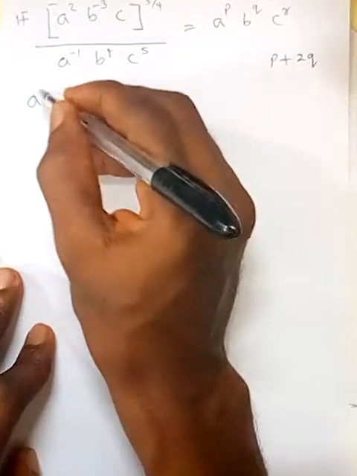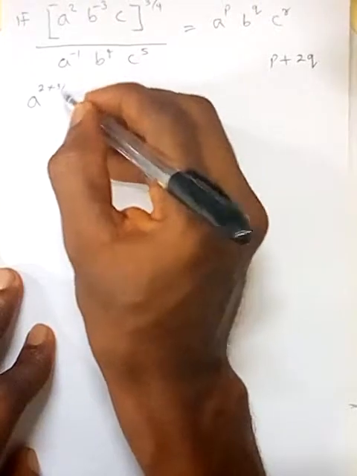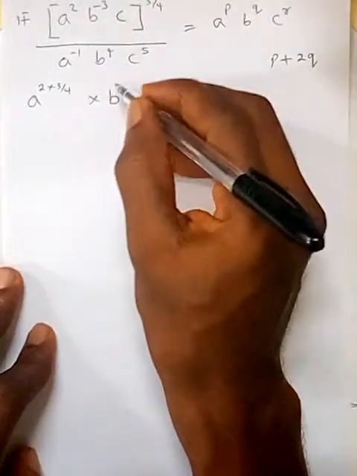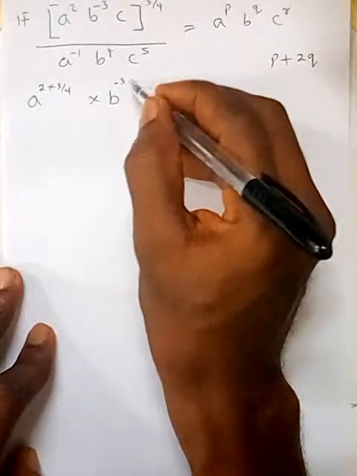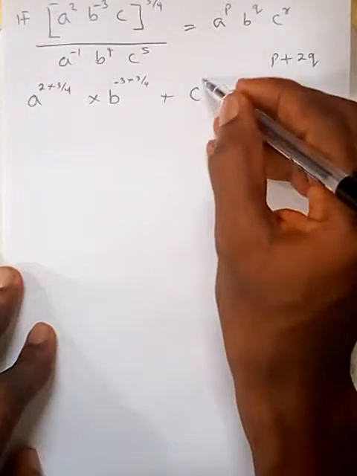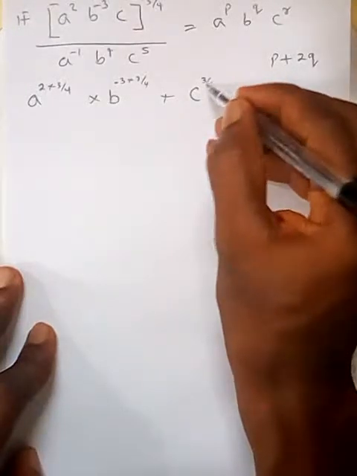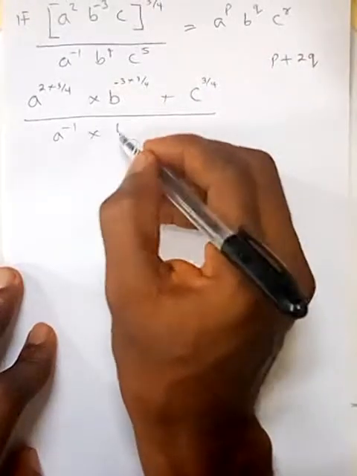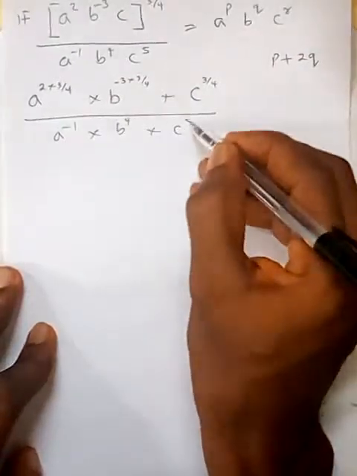So this is a raised to power 2 times 3 over 4 times b raised to power minus 3 times 3 over 4 times c raised to power 3 over 4 over a raised to power minus 1 times b raised to power 4 times c raised to power 5.